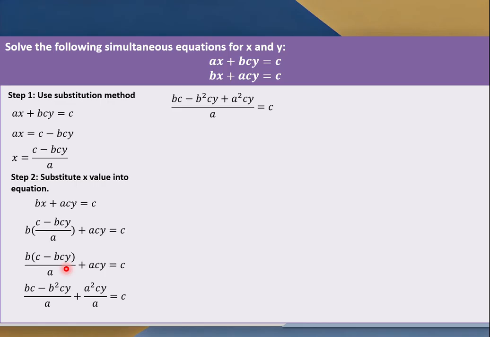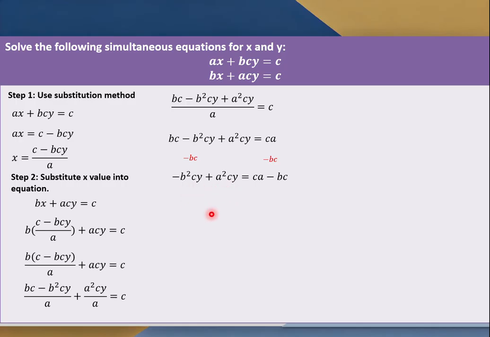So the next step is we need to get rid of the fraction. So we're going to times both sides by A, and that will mean on the right-hand side, we'll have AC or CA, same thing. Next part is we want our y's to be on the left-hand side. So I'm going to take BC away, and that leaves all my terms on my left-hand side with y.